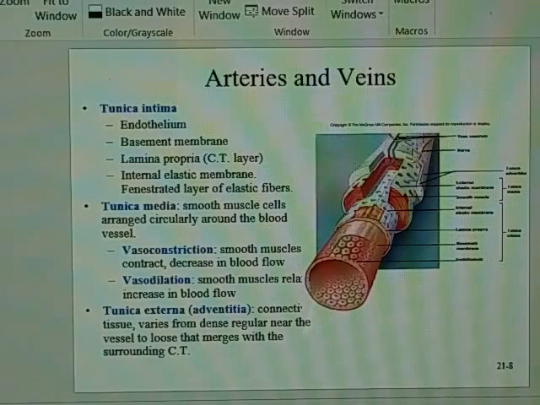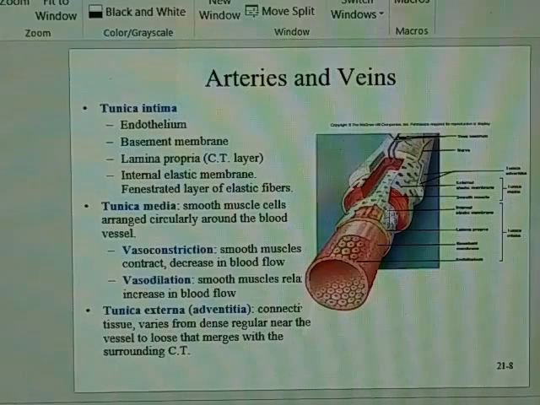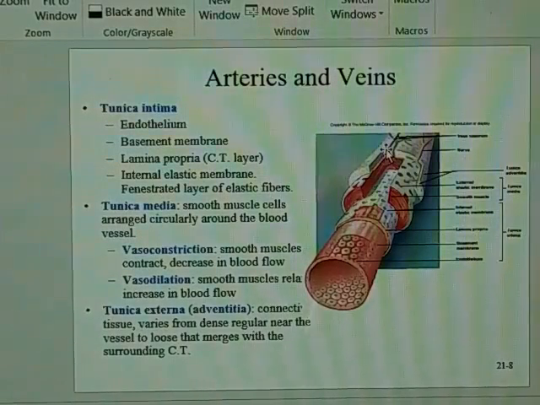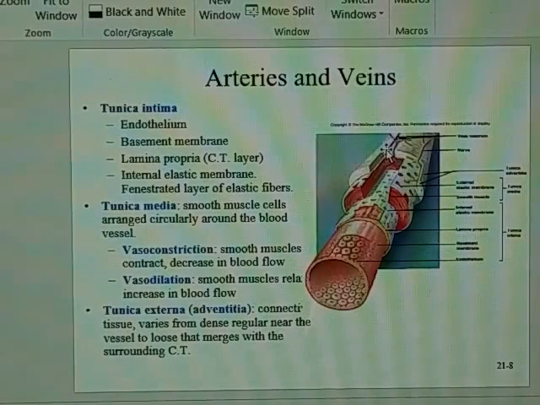So there will be a nerve supply leading to that artery or vein, and we'll also have a blood supply servicing the tissues that make up this artery or vein. When we look at the blood supply, this is termed vasa vasorum. That simply means that this is the blood supply giving blood to the makeup of that vessel wall.